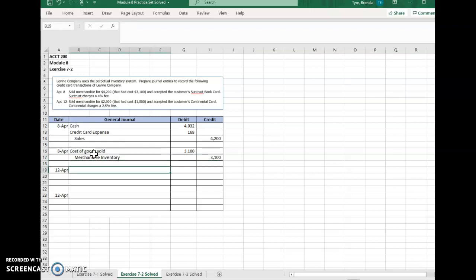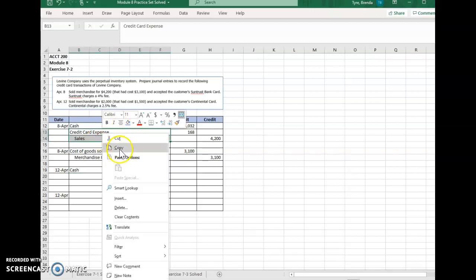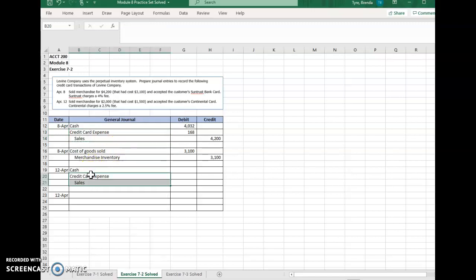On April 12th, we sold merchandise again, accepting a credit card with a 2% fee, so we know that we'll have the same, right? We'll have cash, credit card expense, and sales. I'm just going to copy those down. My sales number is 2,000.